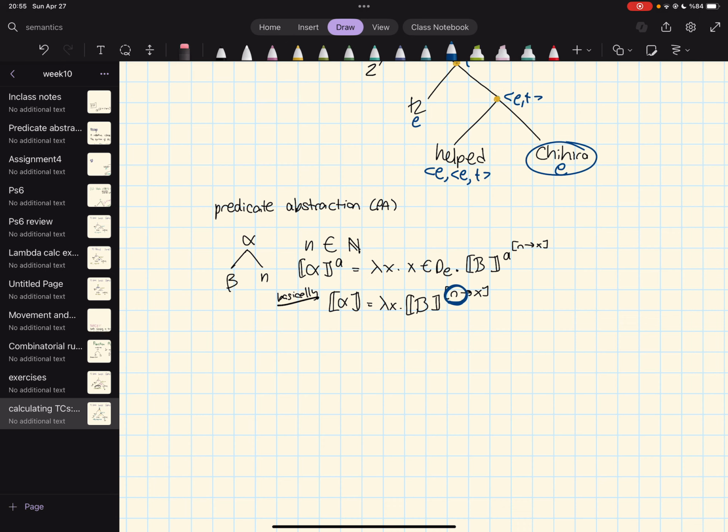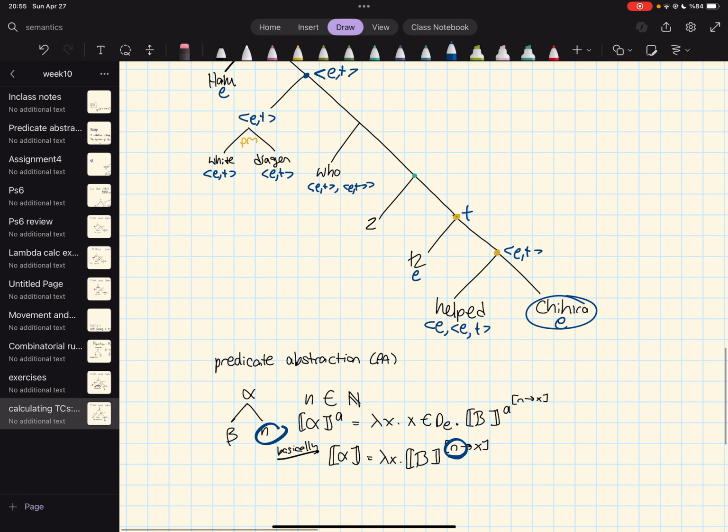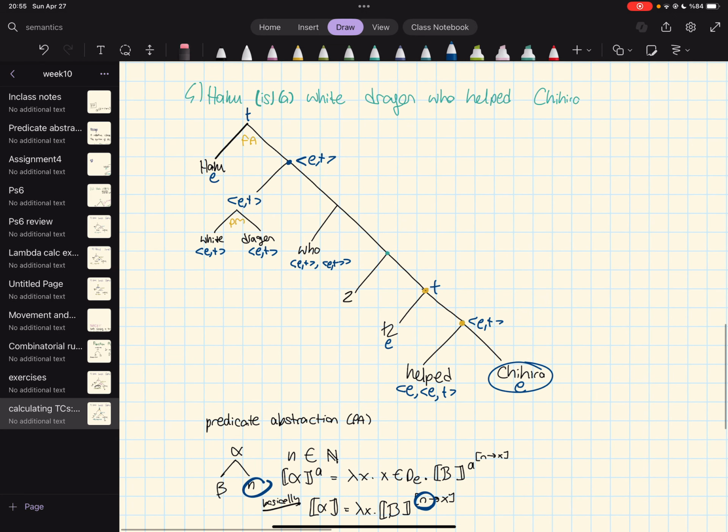You see, this n is the same as this n, the index that we have. So this is basically how it goes. Predicate abstraction is like this.